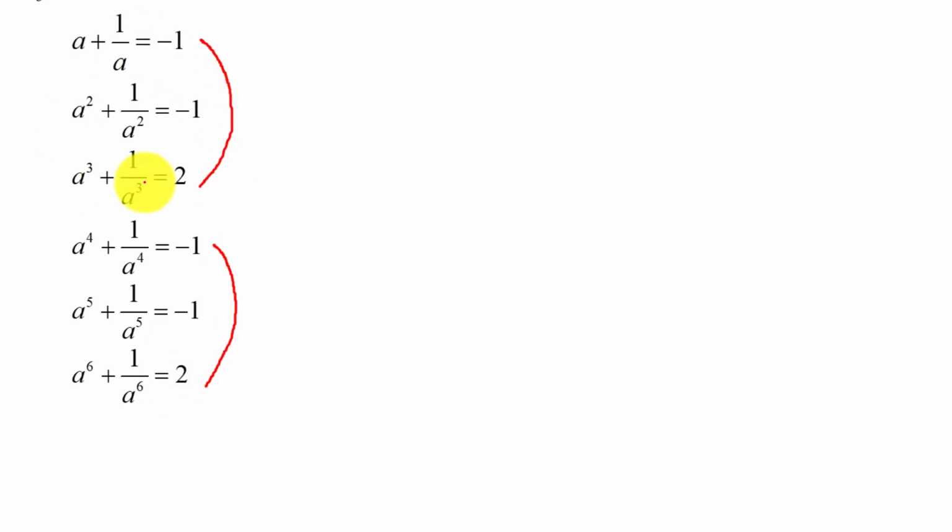So it has a sequence, so that I can take it. We see a³, a², a¹, and a⁶, a⁵, and a⁴. So that we get a^(3k) + 1/a^(3k) equals 2.